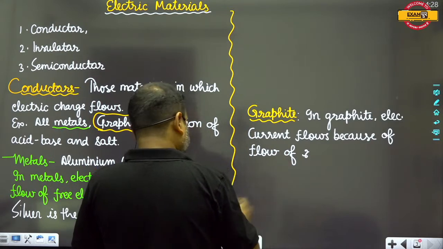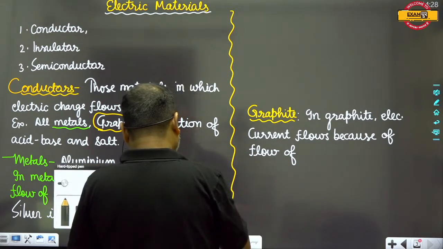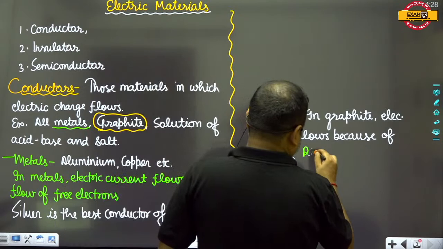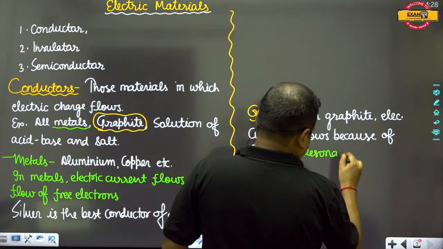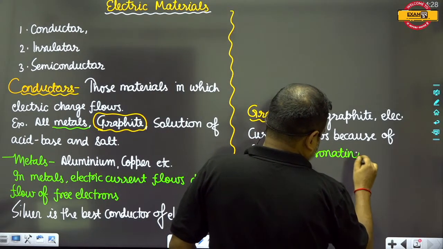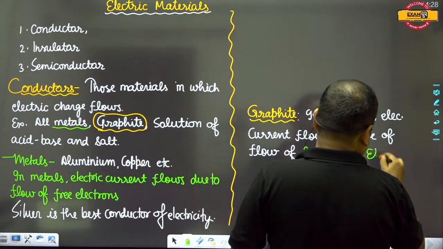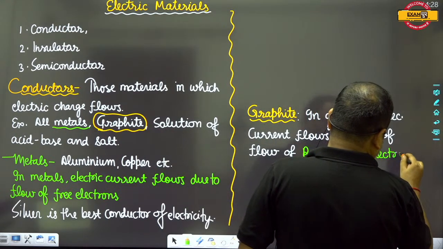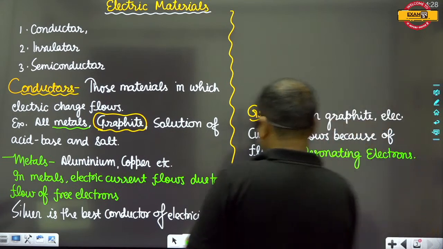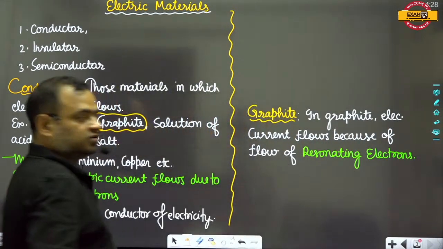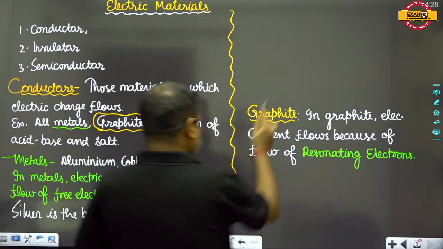Now what are the resonating electrons? I will explain by the diagram. So this is graphite.